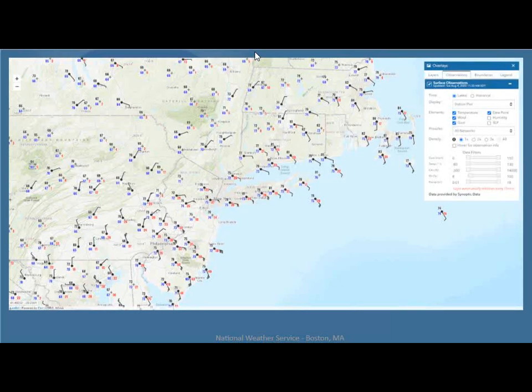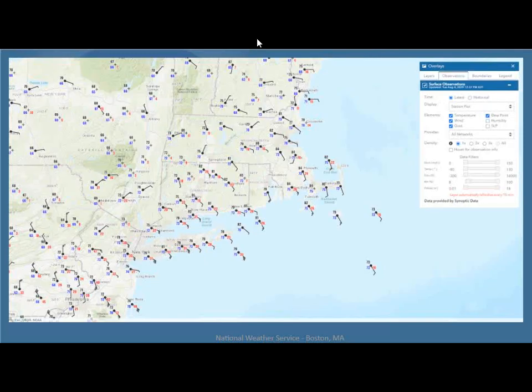Thank you, Joe. And this is another map showing the surface observations. It's kind of hard to see, but if you go on to the next slide, zoom in a little bit. The black value, that's temperature.